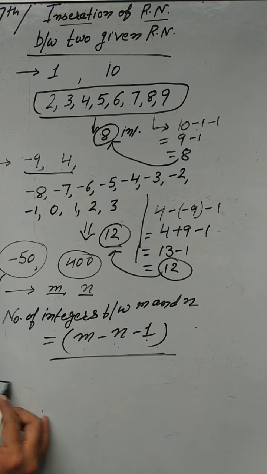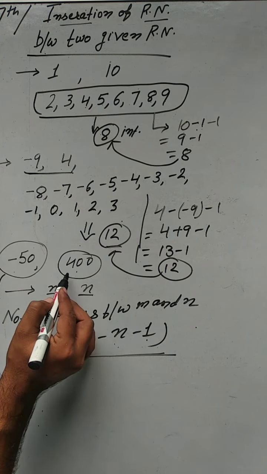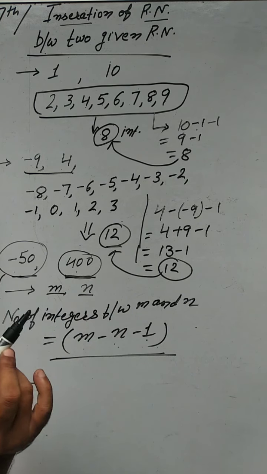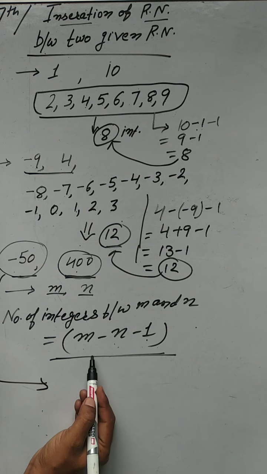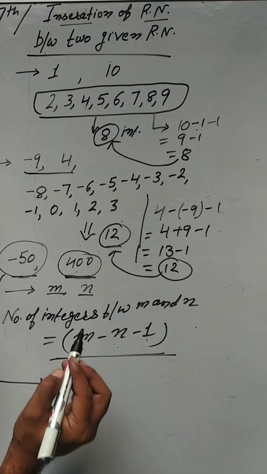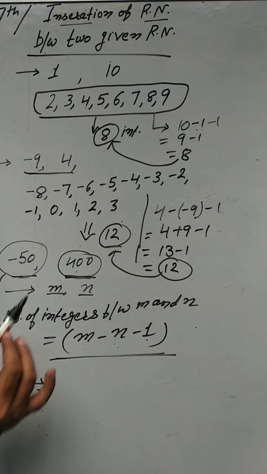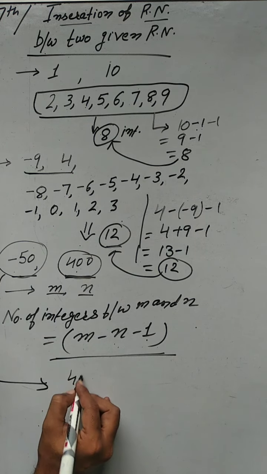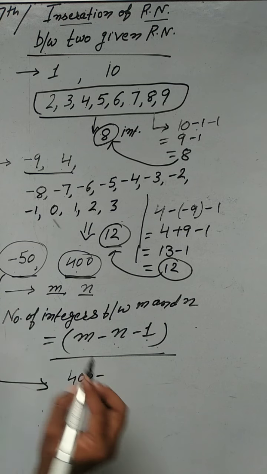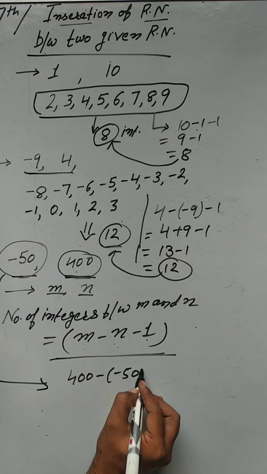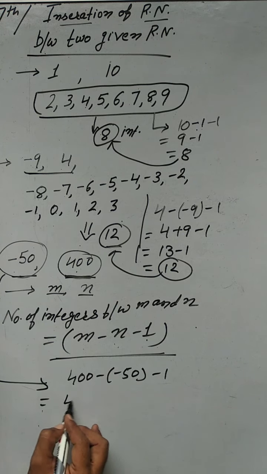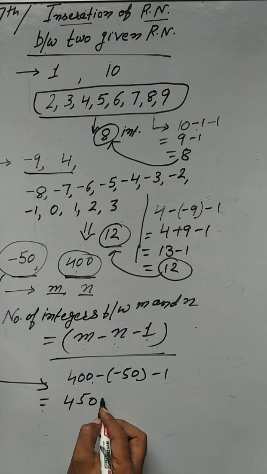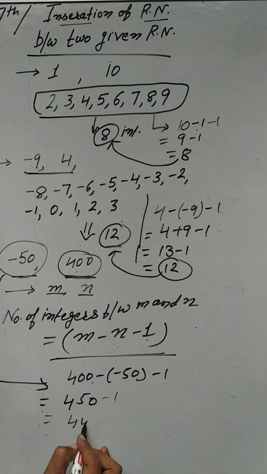Similarly, that formula you can also use here, because if the numbers are very large, then we can't write them on the number line in that way. Then you have to apply this formula to find how many integers lie between them. Now here beta, m is equal to 400 and n is equal to minus 50. 400 minus minus 50 minus 1, that is 400 plus 50, 450, so 449.